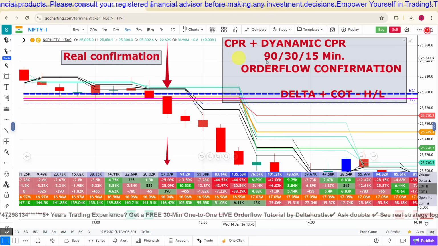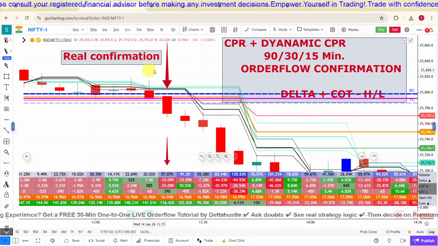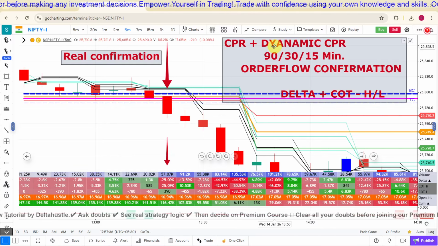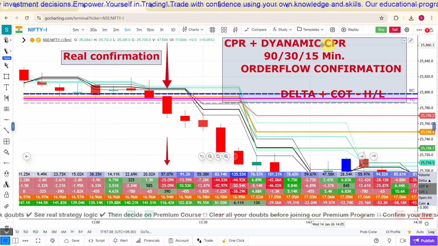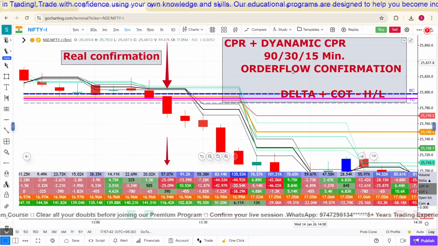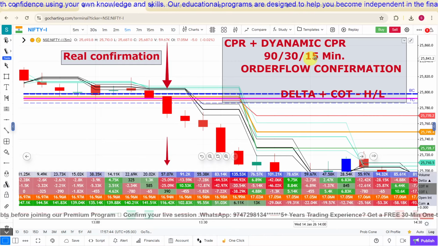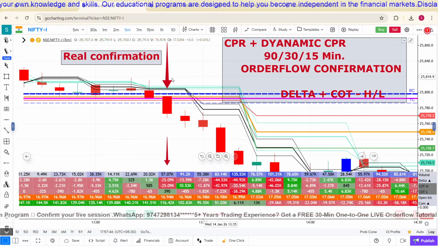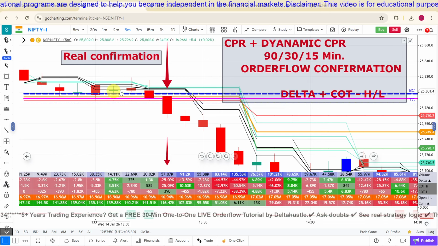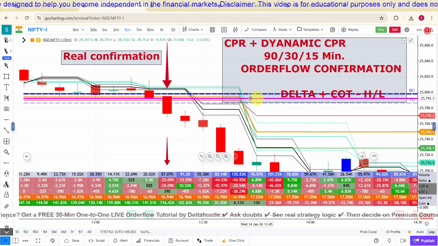See, today we have a different subject on CPR, the CPR with the dynamic CPR. And we are using dynamic CPR 90, 30, and 15 minutes. Three dynamic CPR we are using together with the day CPR.